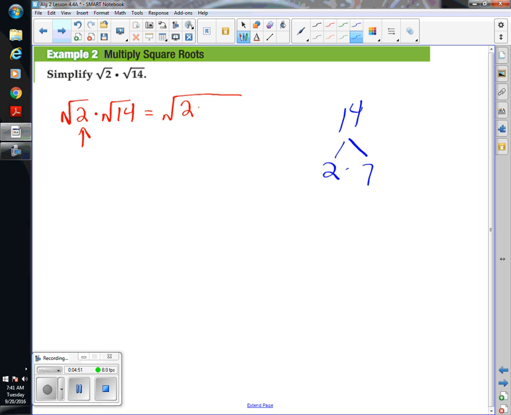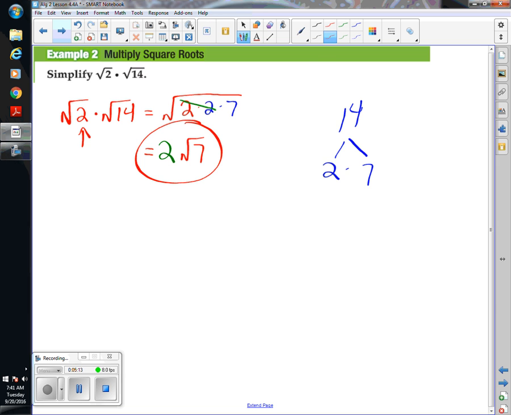I'll place those under the radical as well. Just like before, when I can cross out a pair of numbers, I bring out one number. Left inside the radical is a single 7. And so, the square root of 2 times the square root of 14 is equal to 2 square root 7.